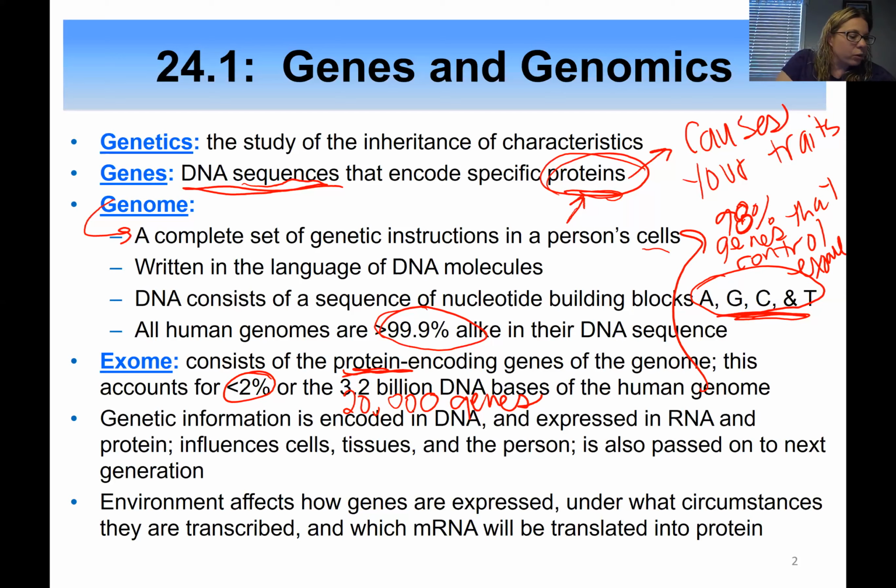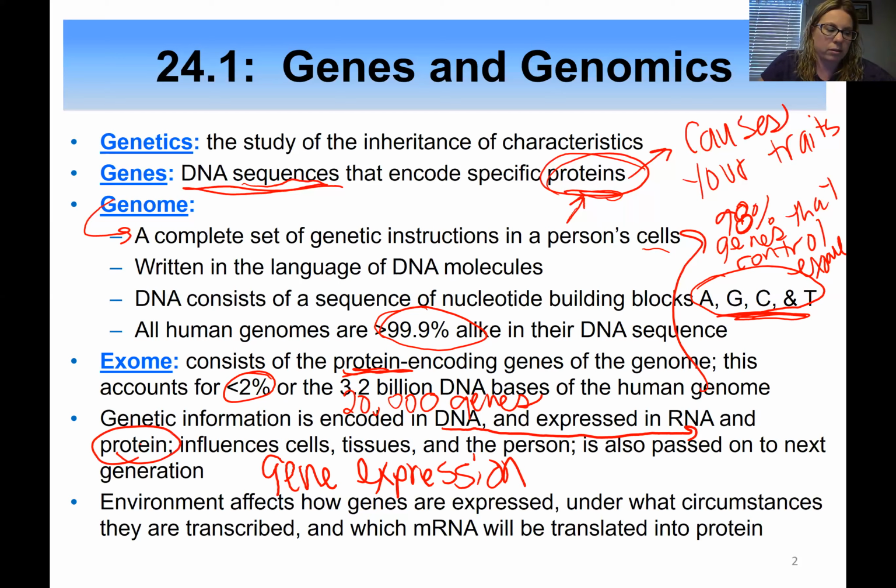This process of making genes into proteins is called gene expression, where you take DNA, turn it into RNA, and then RNA produces the proteins. So DNA is transcribed, if you remember that term, into RNA, and then RNA is translated into protein.